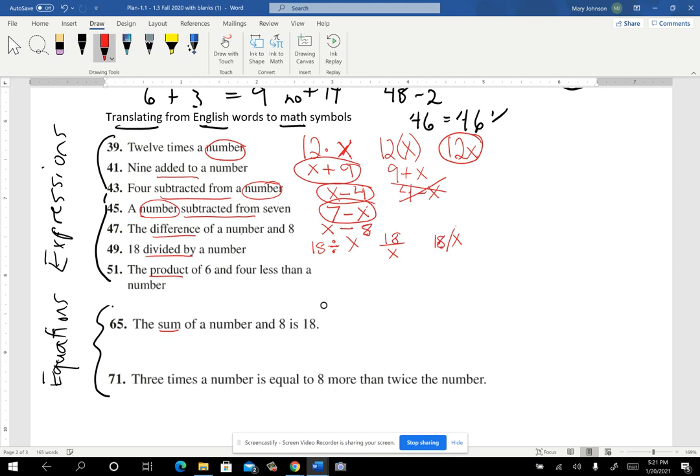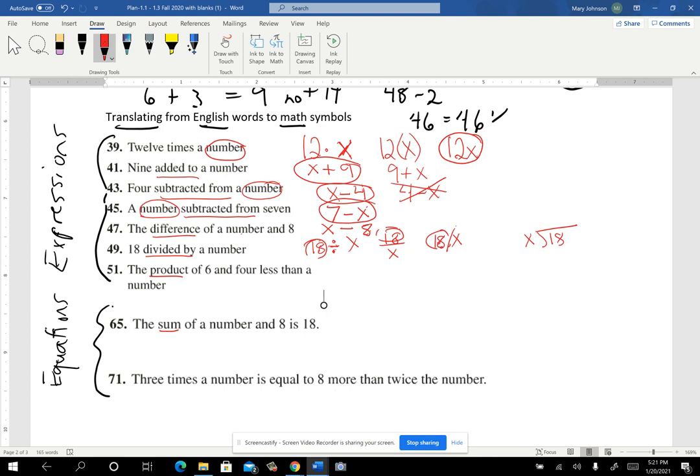Okay, that also means division. All right, and if you were doing the old-fashioned division symbol, the X would have gone into the 18 that way. Okay. So 18 divided by X, 18's in front or on top. Or in the old-fashioned thing, it would be what's underneath the division symbol.